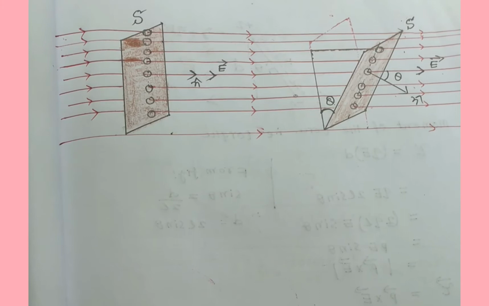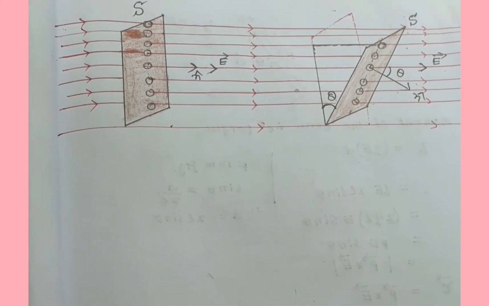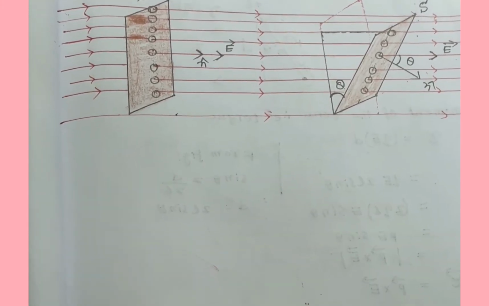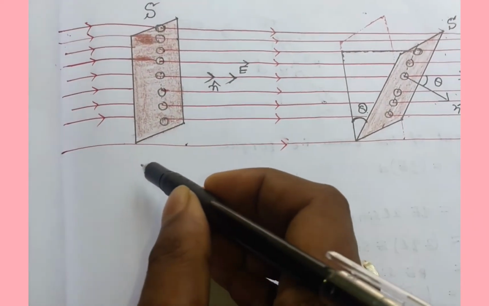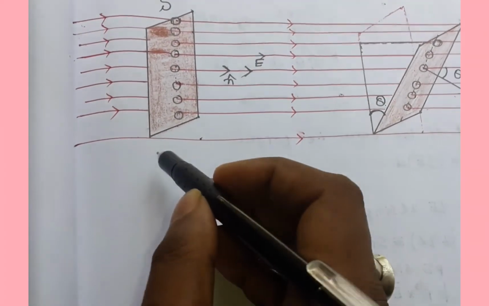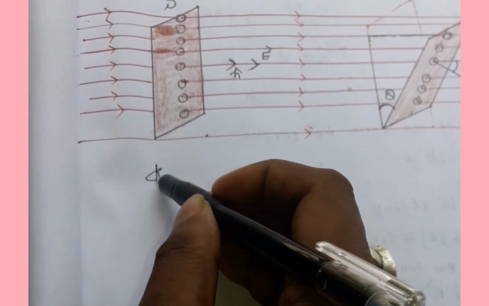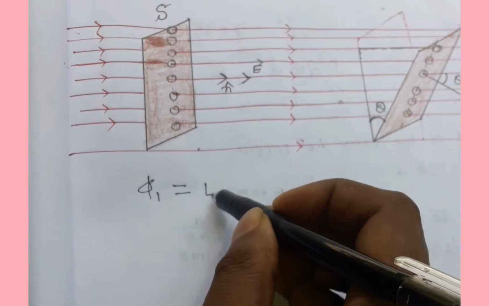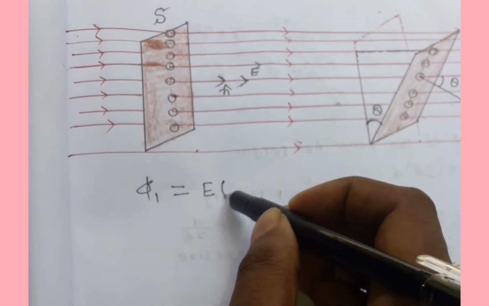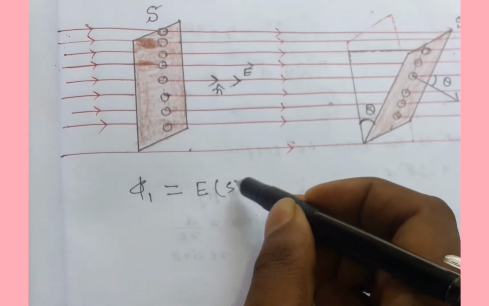Therefore, the field lines cross the surface normally. Therefore, the electric flux in the first figure, phi 1, equals electric field into the area.